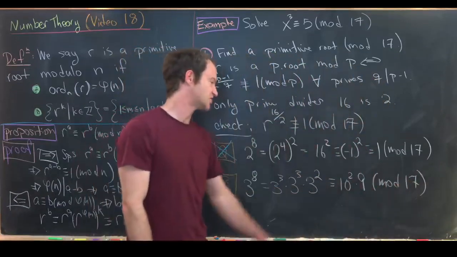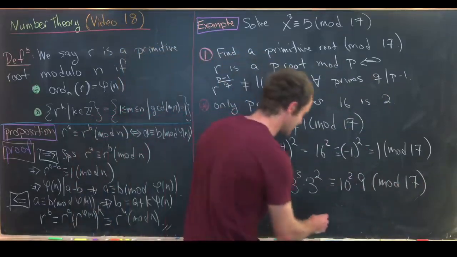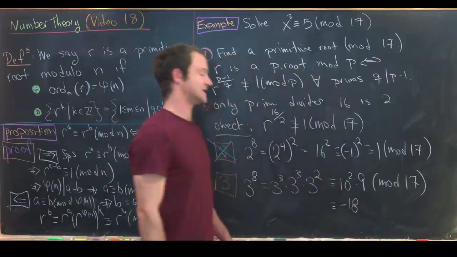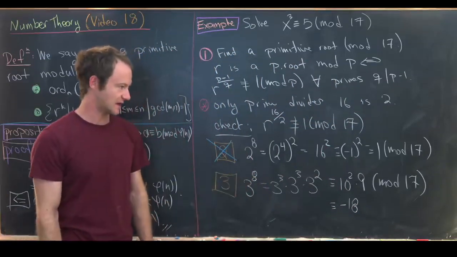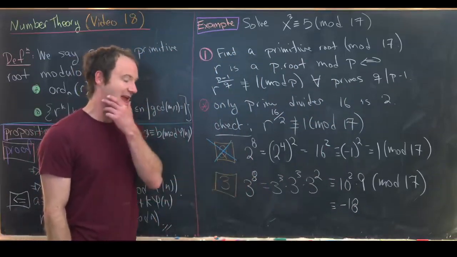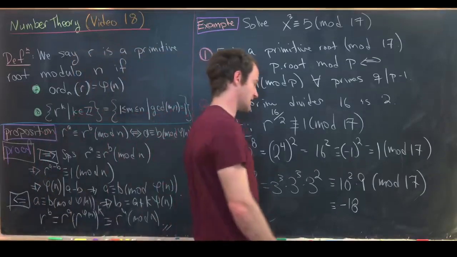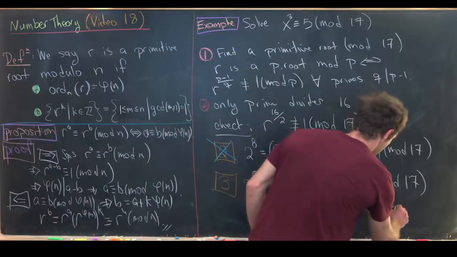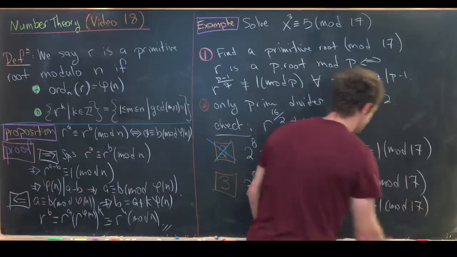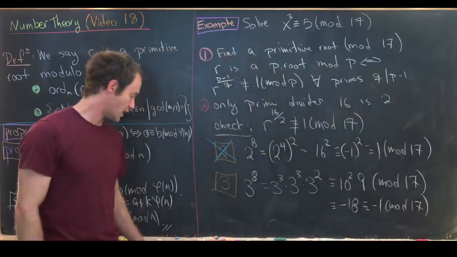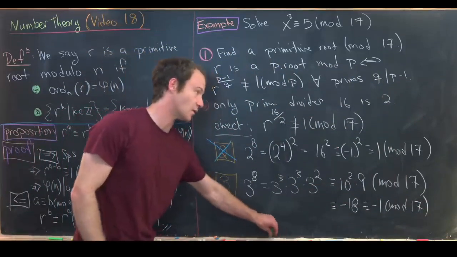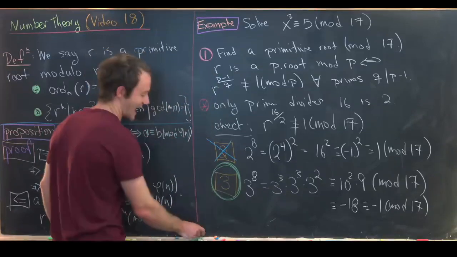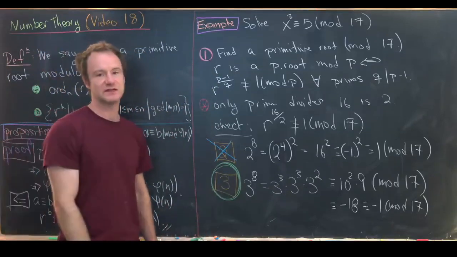But then next we can check that 100 is negative 2 mod 17, making this whole thing negative 18 because it's negative 2 times negative 9. But negative 18 is going to be the same thing as negative 1 modulo 17. But notice that negative 1 is not the same thing as 1 mod 17, so that means yes, we're good to go. We have a primitive root mod 17.